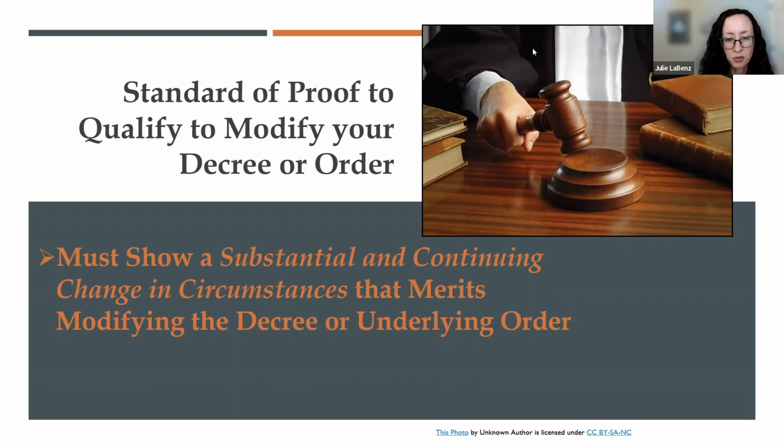And that standard of proof is that there's a substantial and continuing change in circumstances that merits modifying the decree or underlying order. So the person seeking to modify is going to need to tell the court how there's been a substantial and continuing change in circumstances that merits modifying the underlying decree or order. If you're not able to show that, you don't qualify for a modification.